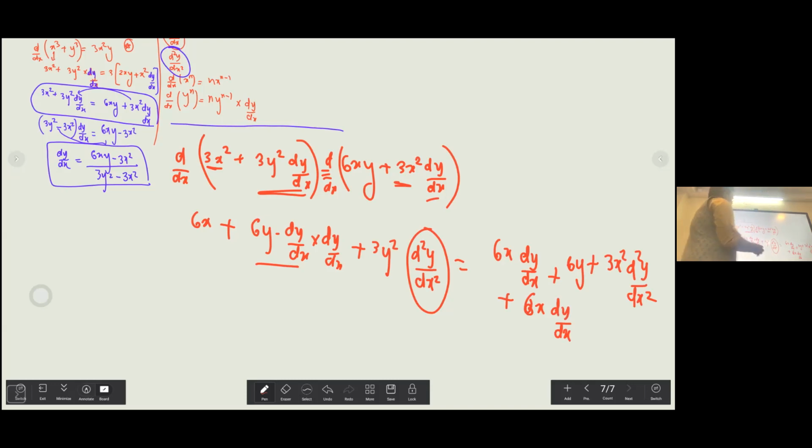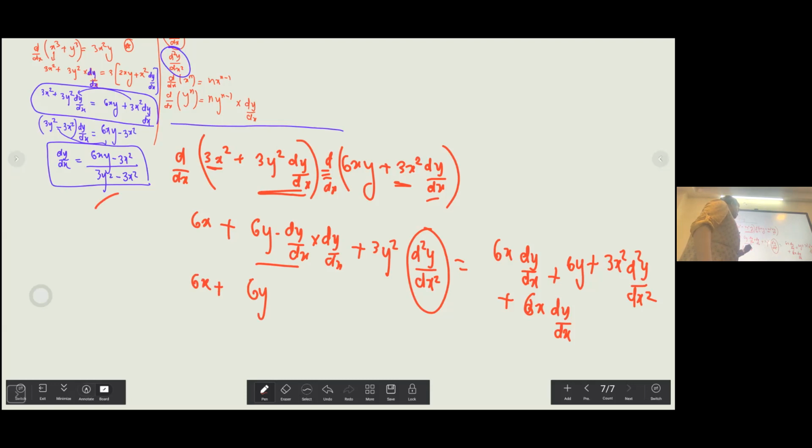An interesting point you'll notice is that generally they give us x and y coordinates, and first you get dy by dx by plugging in those coordinates, and then you plug in that value in place of dy by dx. But here, lots of times they ask us to prove these steps.